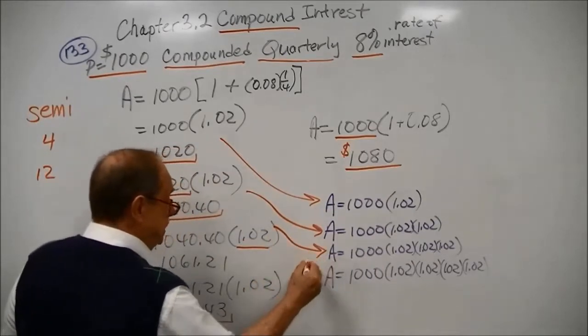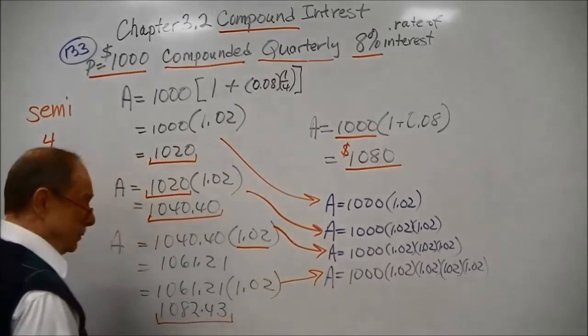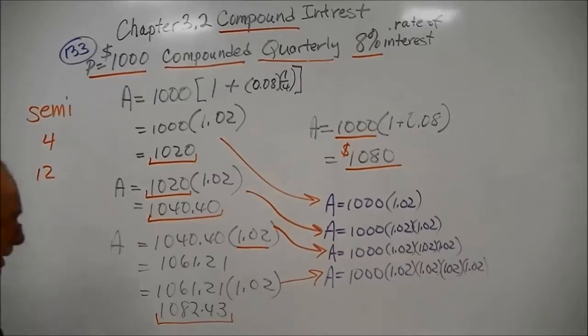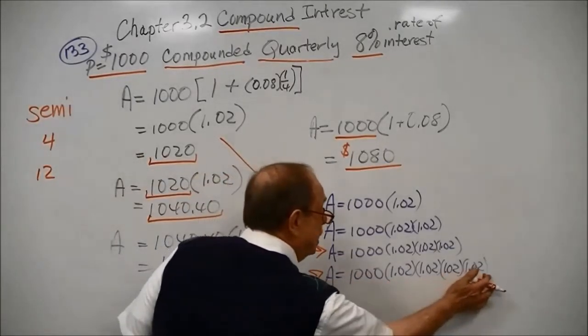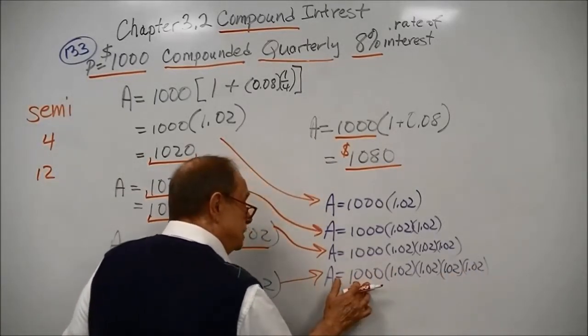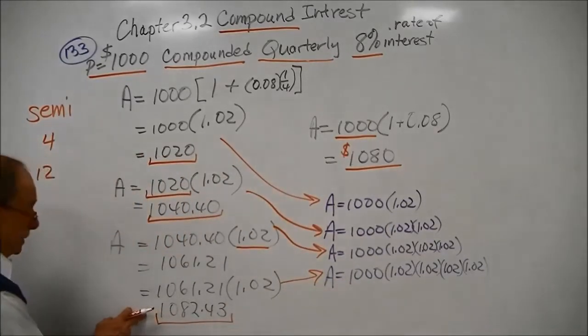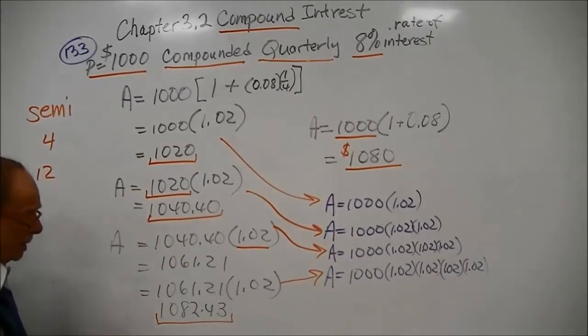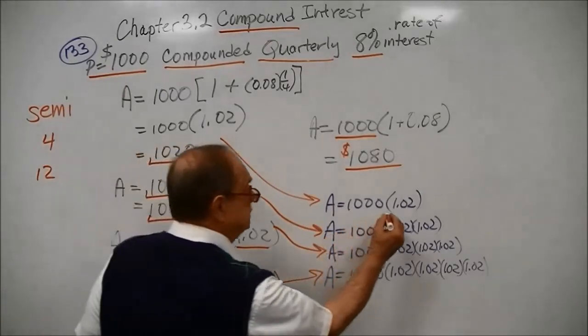Then in this one it was this, and in this one it was that. So if you were to multiply all of this and then times it by that, you would get this final answer. But do you notice something here?